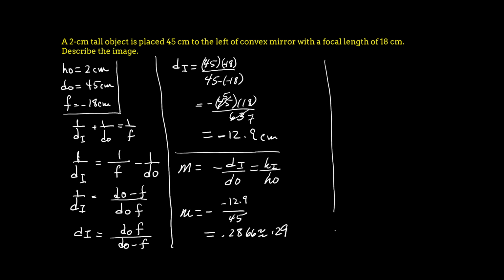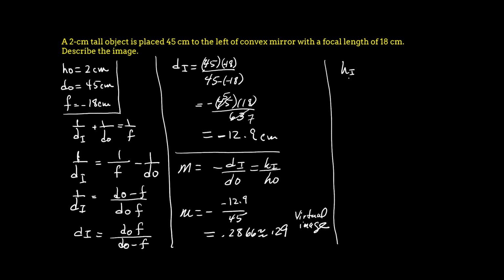So let's see the height. And since this is positive, we have a virtual image. And we know that from a convex mirror, all the images are virtual, no matter where the object is. The object could be close to the mirror, could be far away from the mirror. The image is going to be virtual all the time.